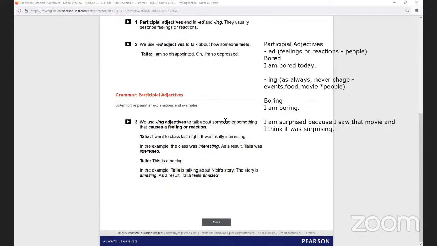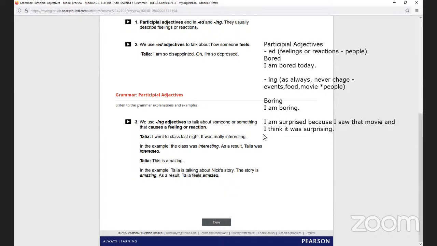Here, when we're talking about causes of feelings or reactions. I went to class last night. It was really interesting. Interesting, ing. So I'm talking about the class.